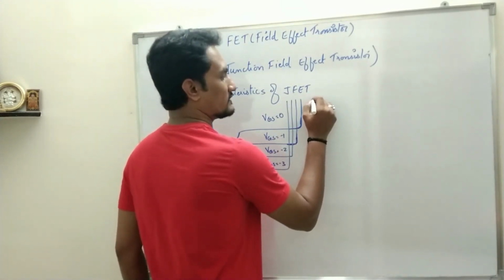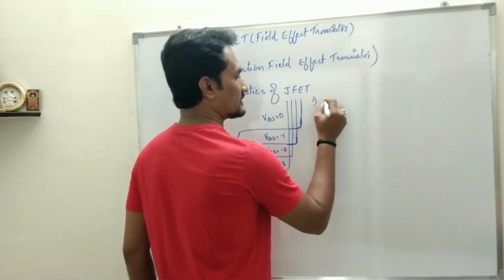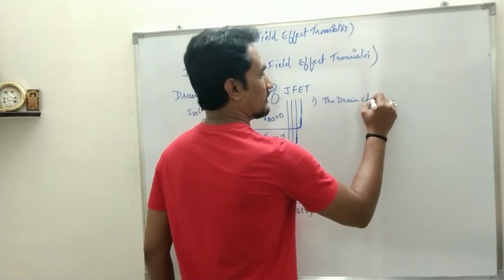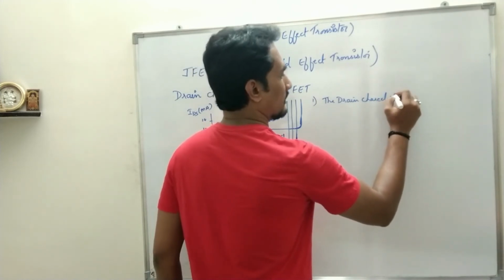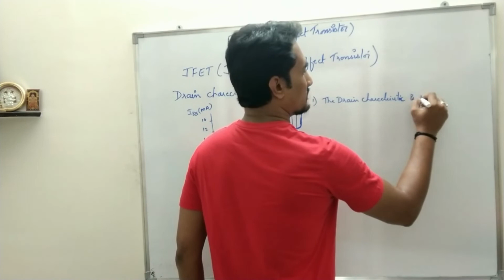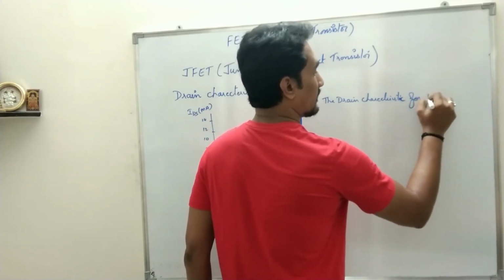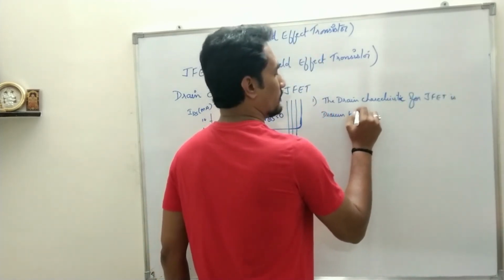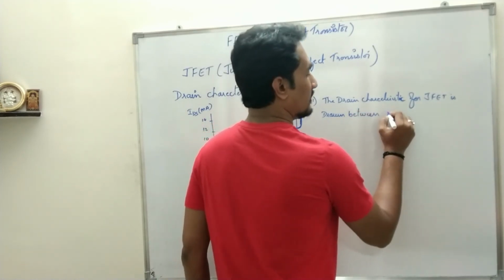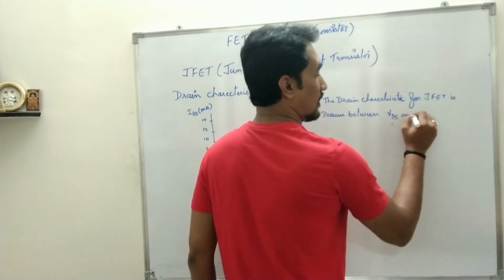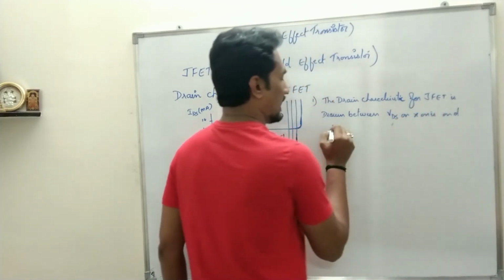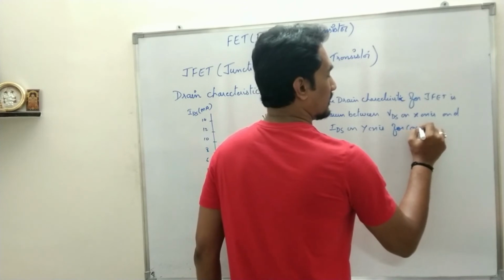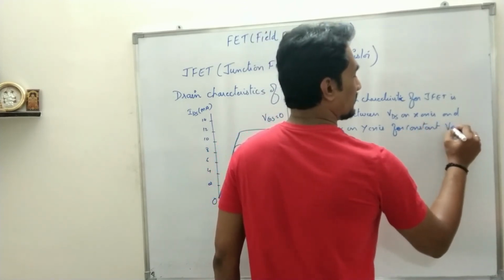So what is the first thing which we can specify? We can specify that the drain characteristics for JFET is drawn between VDS on the x-axis and IDS on the y-axis for constant VGS.